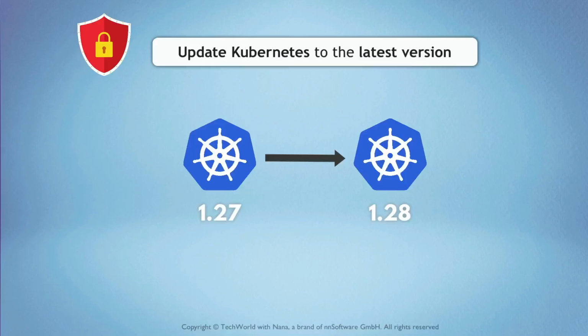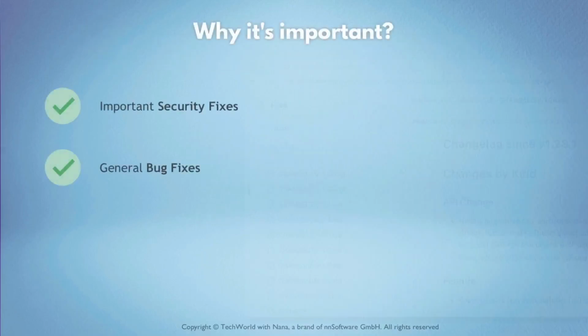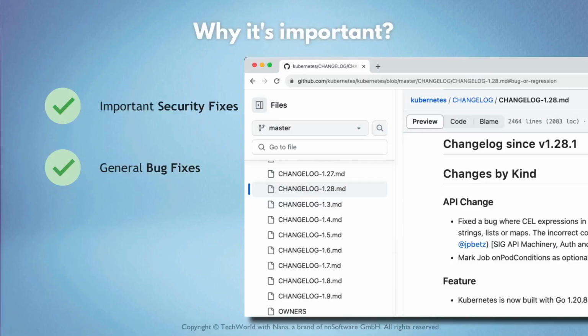And finally, it is a Kubernetes best practice to update your clusters to the latest Kubernetes version, which is again very logical because in each following version, you have some security issues that were fixed or some bugs that were fixed. So obviously it makes sense to use the latest version with those fixes.